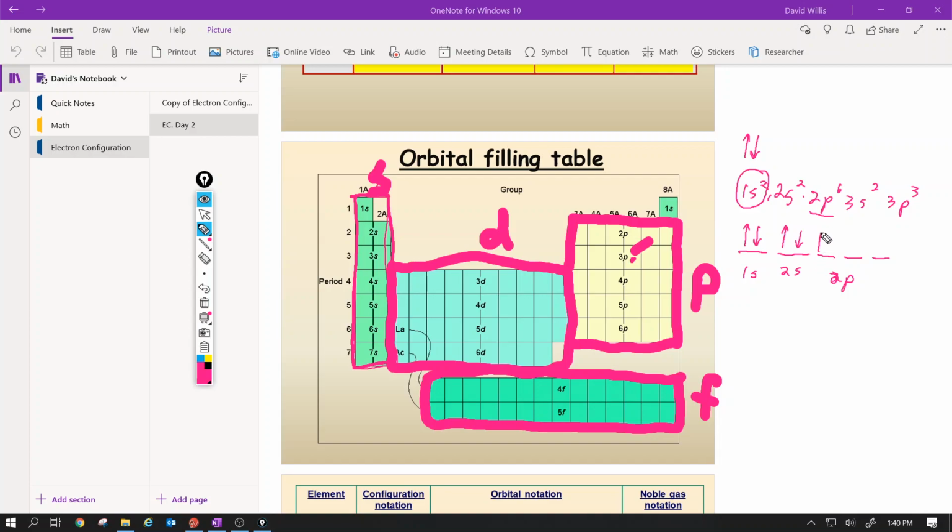So it's going to fill up, up, up, or it could have filled down, down, down. It doesn't matter, but they all fill the same way. They fill one in each, then they come back and fill the other. It goes 1, 2, 3, 4, 5, 6. Next is 3s.